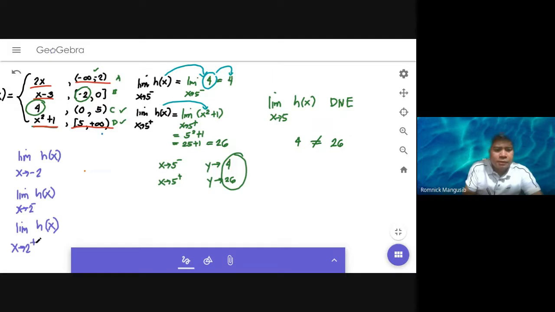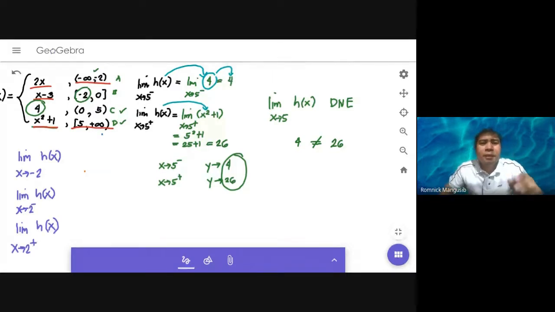Okay, may you please give a try? I'm giving you 5 seconds. May you please try to identify the limit of each function. Limit of h of x as x approaches -2, and then left and right.